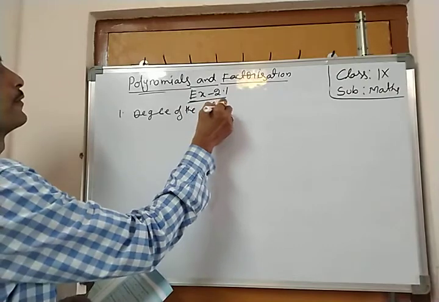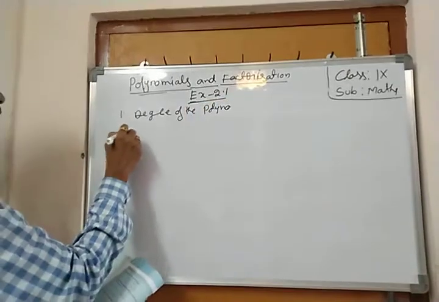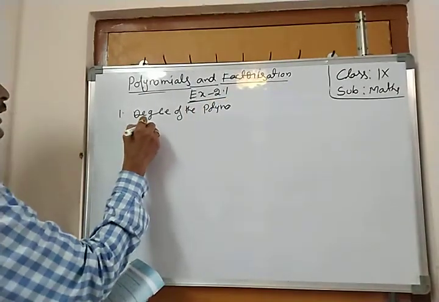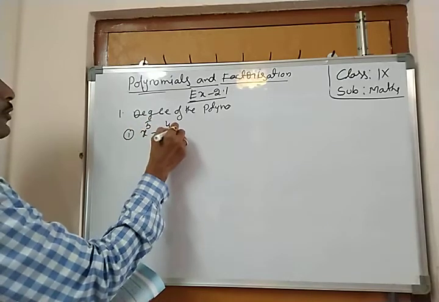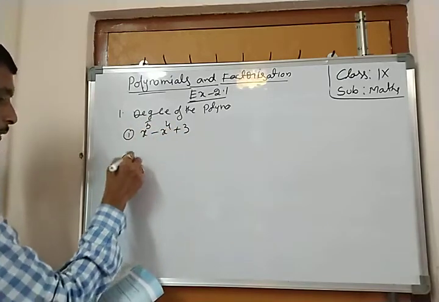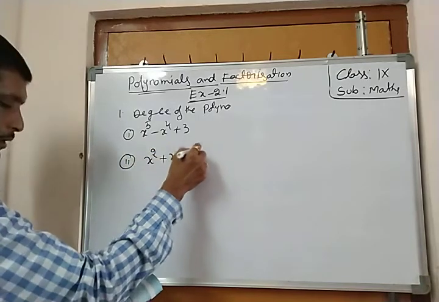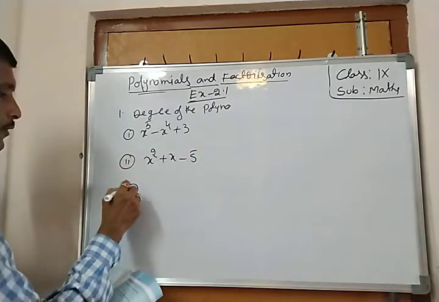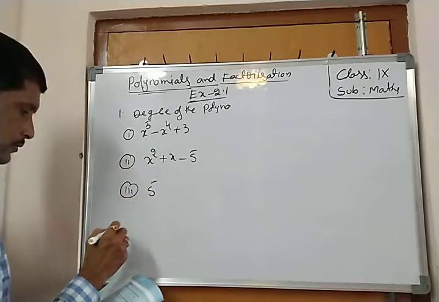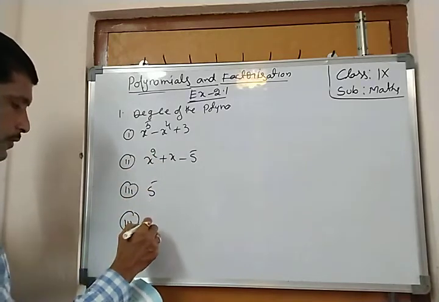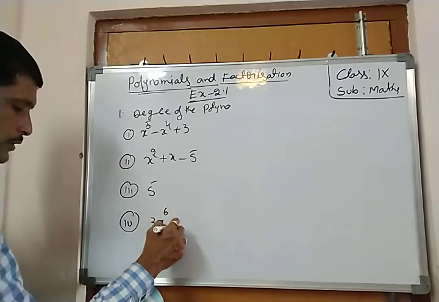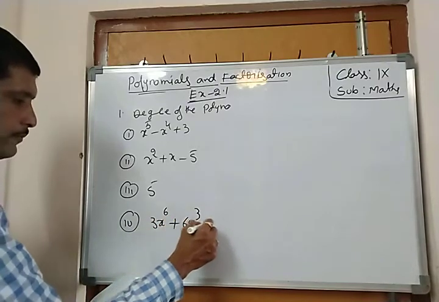First one, x power 5 minus x power 4 plus 3. Second, x square plus x minus 5. Then 5. And then 3x power 6 plus 6y cube minus 7.